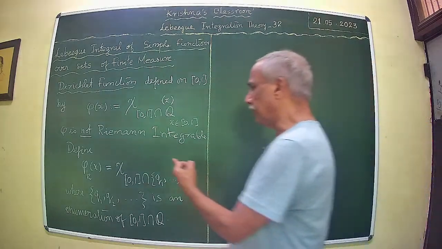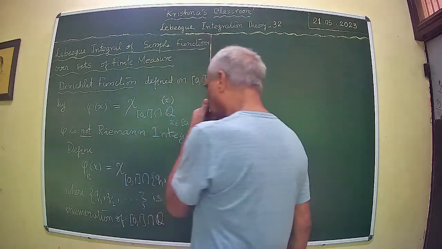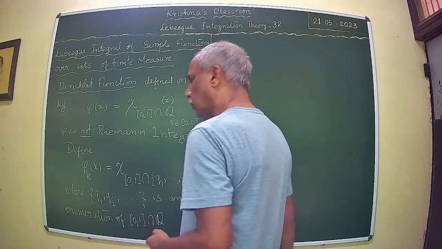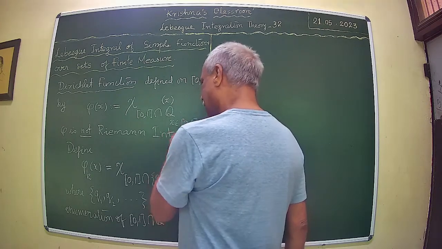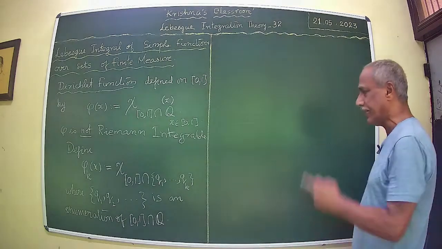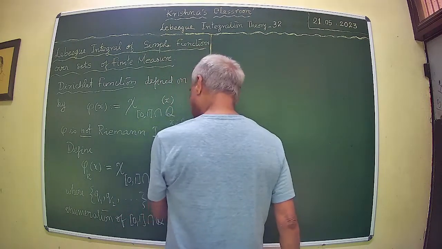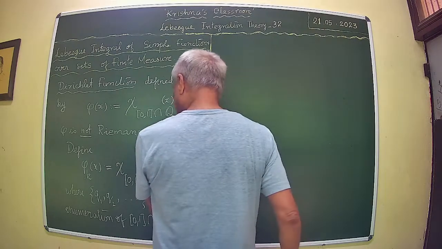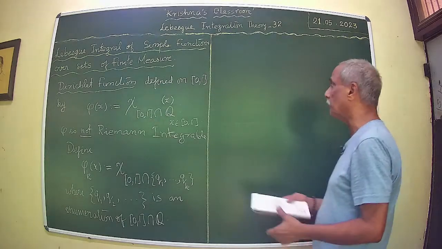And now you define phi k. Phi 1 will be defined as 1 at Q1, everywhere else 0. Phi 2 will be 1 at Q1 and Q2 and will be 0 elsewhere, etc. Phi k will be 1 at Q1, Q2, up to Qk, that is at a finite number of points, and elsewhere 0.